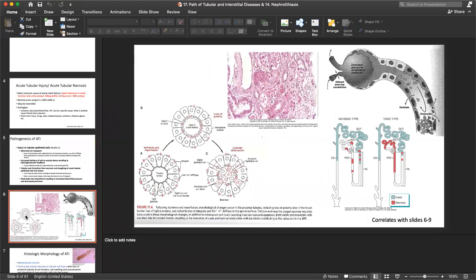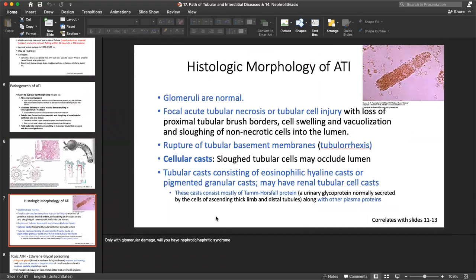So let's look at this. So here's our tubule. We're going to have that sloughing off with that obstruction, and we're causing that cast. So let's look at the cast. It's that dark colored cast. And with the necrosis and tubular injury, the glomeruli are going to be normal.